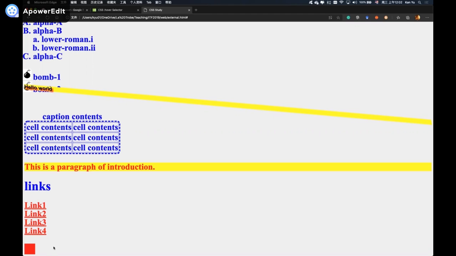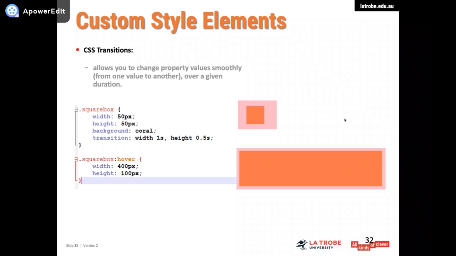Then when we move, it's the CSS transitions. CSS transitions allow you to change the property value smoothly from one value to another over a given duration. So for example, here we have our square box, which has an initial width and height of both 50 pixels, meaning it's a square, and the background color is coral.